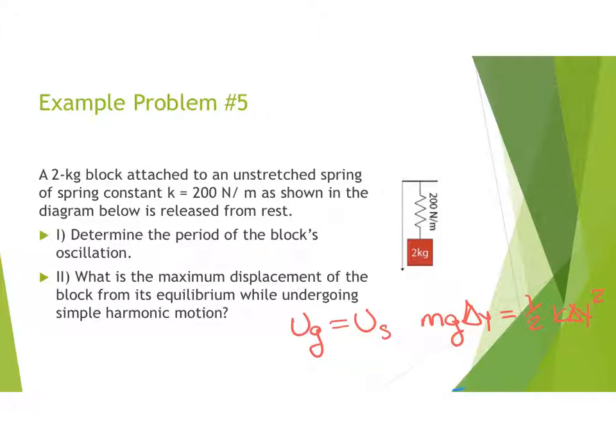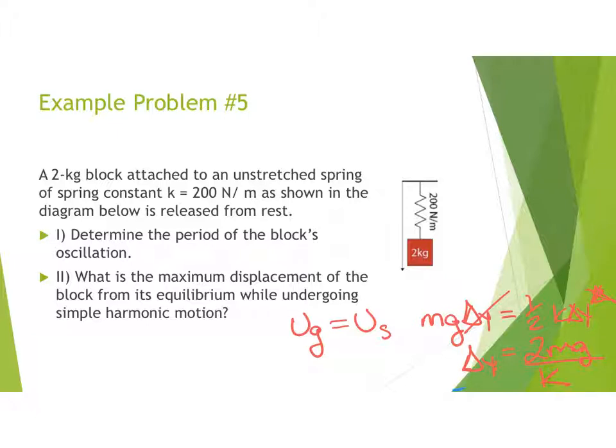So now, if I want to know displacement, I'm going to simplify this equation a little bit and basically solve for y. So I'm going to cross one of these out. And so my change in y is equal to 2mg over k.